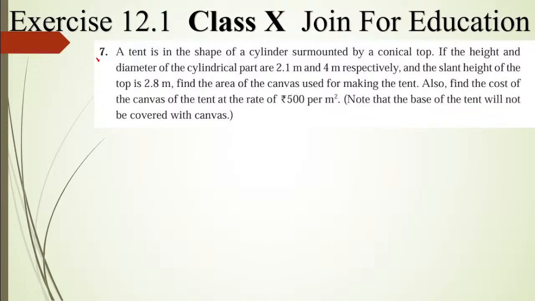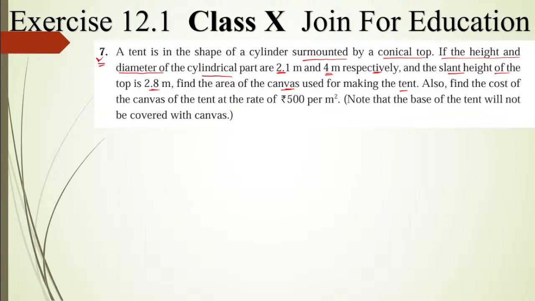Let's see question number 7. A tent is in the shape of a cylinder surmounted by a conical top. If the height and diameter of the cylindrical part are 2.1 meter and 4 meter respectively, and the slant height of the top is 2.8 meter, find the area of the canvas used for making the tent.